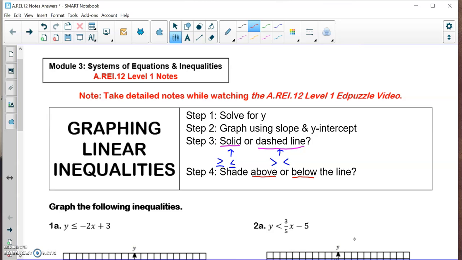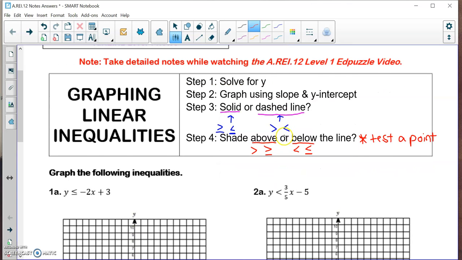One of the ways is you can test a point, and we'll go through that together. Another way is you can just look at the inequality symbol. If you have a greater than or a greater than or equal to symbol, that would mean you shade above your line. If you have a less than or a less than or equal to symbol, that would mean you would shade below your line.